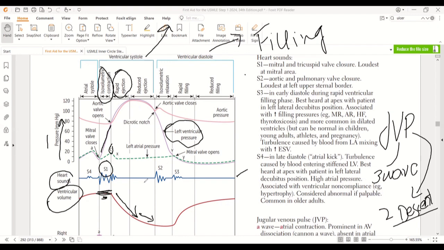But pressure is increased. Blood is ejected and volume is decreasing, right? Yes.